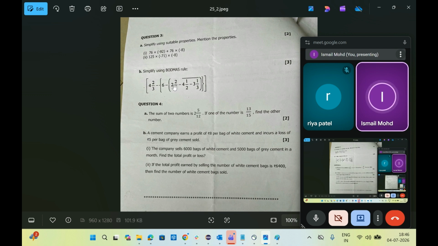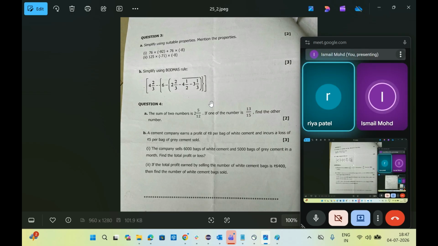So minus of minus 31 will be plus 31 by 6. The result will be like 12 by 3 minus 6 plus 31 by 6. So at the end the answer will be minus 13 by 2. You have to solve this one, or do you want me to solve it?